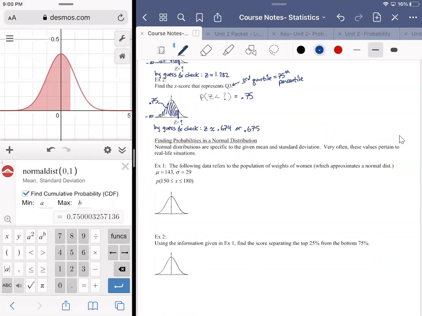Now this is kind of a stretch to call real data, and it's also kind of like I got this problem from a textbook like 20 years ago. And the more I look at it, the more I realize it's borderline offensive. Why are we talking about the weights of women? If you ask a woman what they want to talk about, they're probably not going to talk about weight, and they're not going to talk about their age.